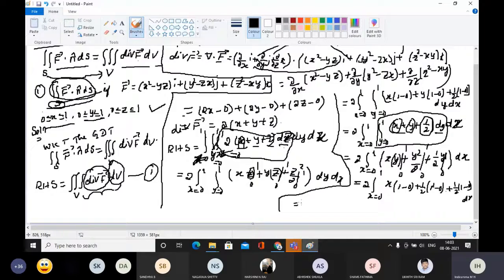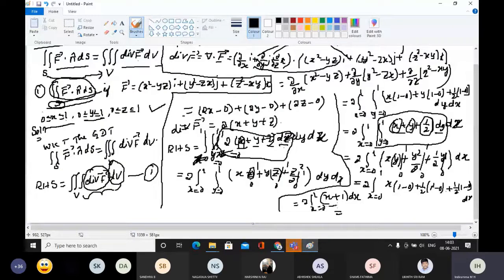So this is equal to 2 outside, integral x from 0 to 1, x into 1 minus 0 is x, plus 1 by 2 plus 1 by 2, which is 1. Now integrate this with respect to x, 2 times.